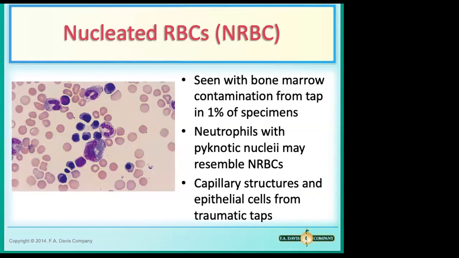All right, remember, it's a spinal tap. Sometimes there can be contamination with the bone marrow, which means that you're pulling cells from the bone marrow. And NRBCs are typically not in the CSF, but they are an indication that there was some sort of contamination. So they're seen with bone marrow contamination from a tap in about 1% of specimens.